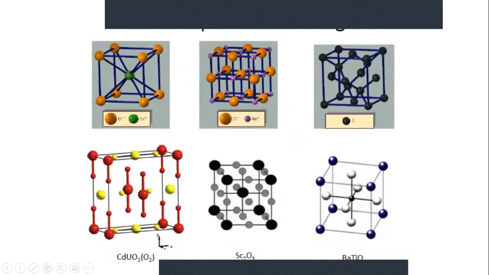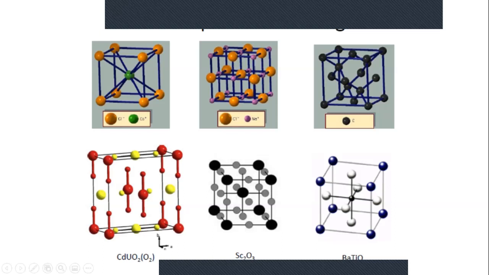So this is showing you some examples. Here we have a body-centered cubic unit cell of cesium chloride. You have 1 cesium ion in the center, and you have 8 chloride ions on the corners, but since each is 1/8, it's going to be a total of 1 chloride ion altogether.